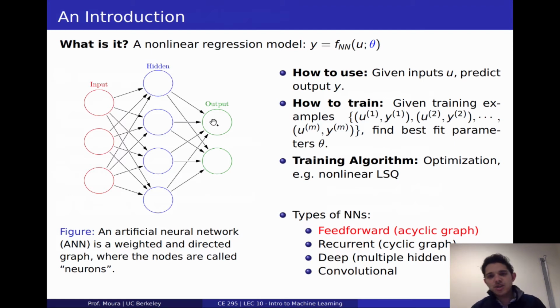So now we might ask the question, how do we train? So what we seek to do is, given training examples in the form of these pairs, so we could have m pairs where u and y are the inputs and the outputs respectively, we would like to find the parameters theta that parameterize our neural network here that best explain this data. So we're going to fit theta on these training examples.